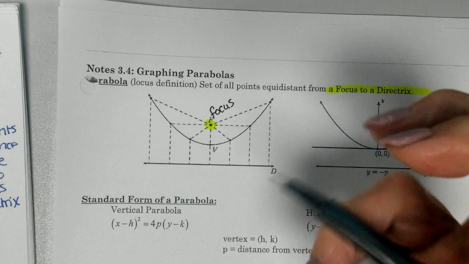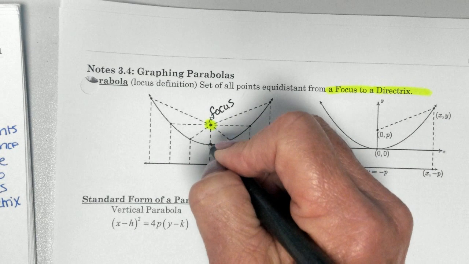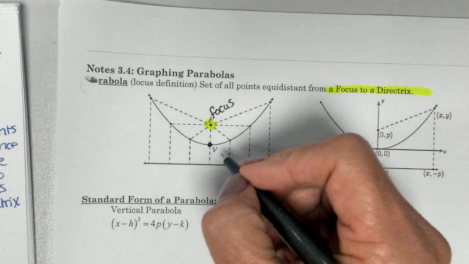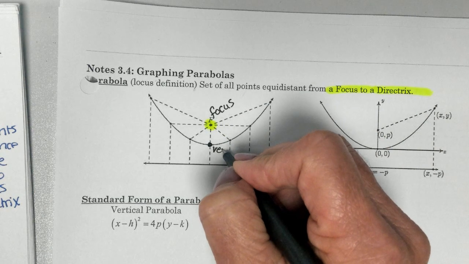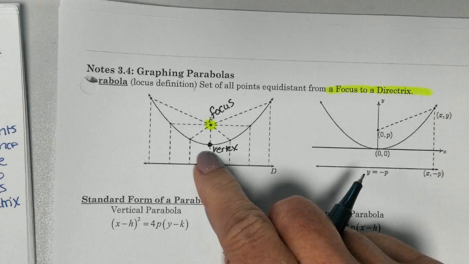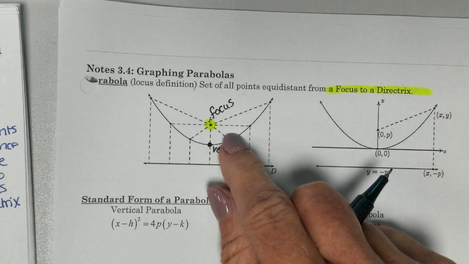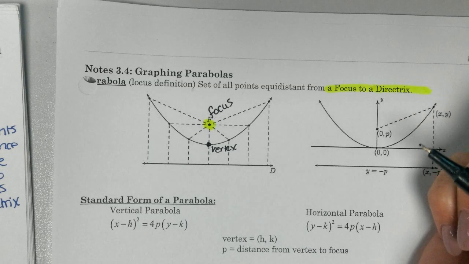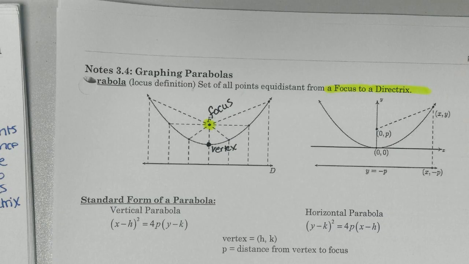Now, right here we have the vertex. And remember that the vertex is, I guess you could kind of say, it's not the center, but that's where your axis of symmetry runs through. You build off of your vertex. It's the same on both sides. It starts to repeat.